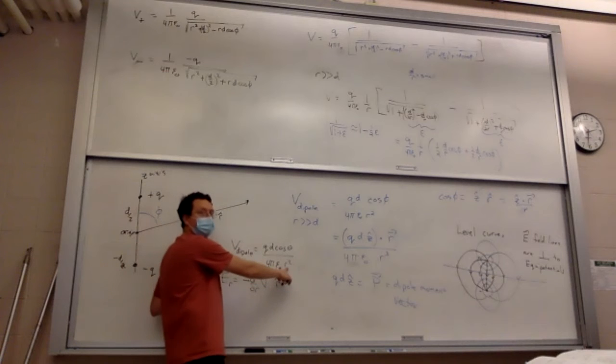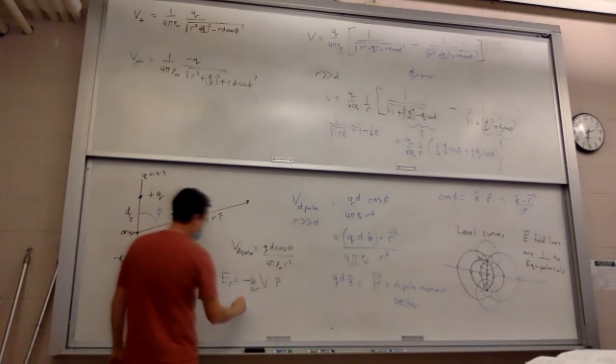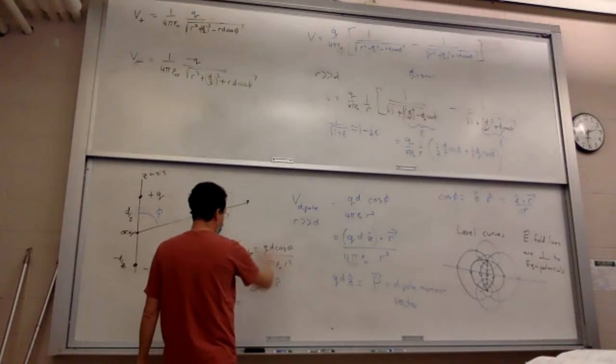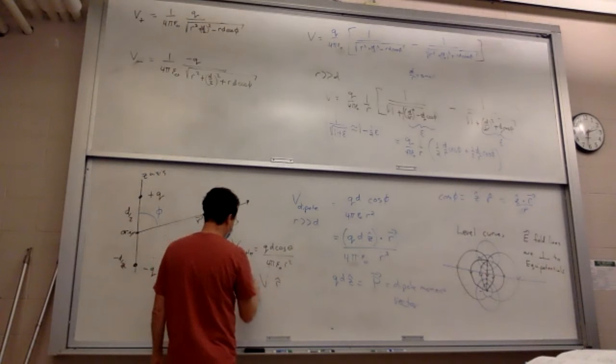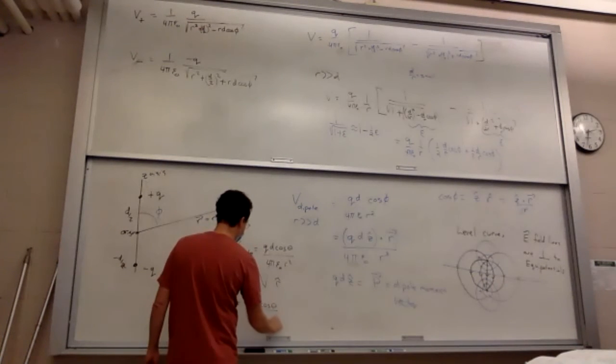When you take a radial derivative, what power of r are you going to get? r cubed. So it hangs together. The derivative gives me a minus 2, so I would get q d cosine theta over 2 pi epsilon naught r cubed times r hat.